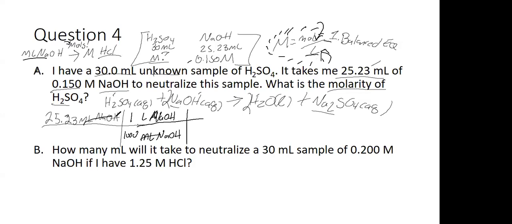Once I'm in liters of something, if I know the molarity, I can convert into moles because the molarity says for every 1 liter of NaOH I have, that is 0.150 moles, right? That's molarity, moles divided by liters, and that's moles of NaOH.